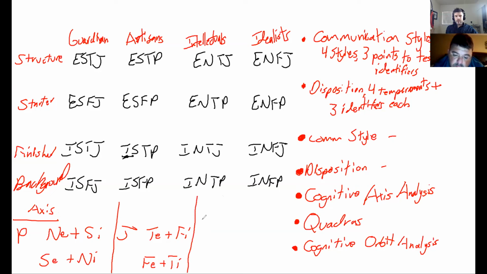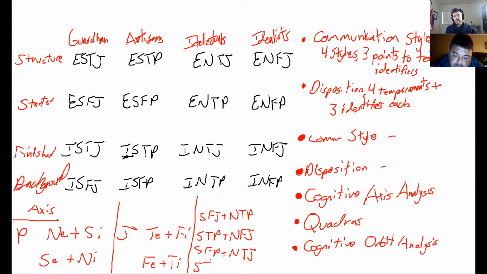So quadras, you have SFJ plus NTP, okay? And then you have STP plus NFJ. And then you have SFP plus NTJ.